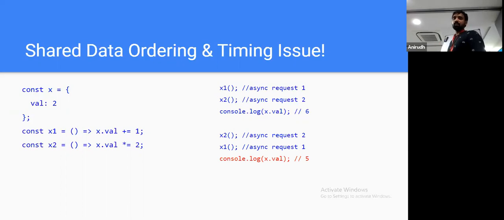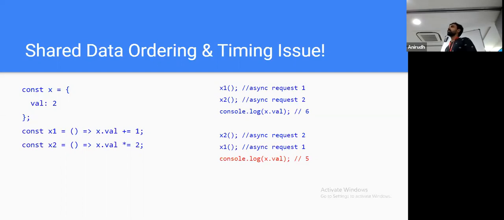So in this case you are getting the value 5, which is not correct. You can just use await and all that, but this is just a simple example to explain how you would get into an issue if you are directly trying to mutate shared data.